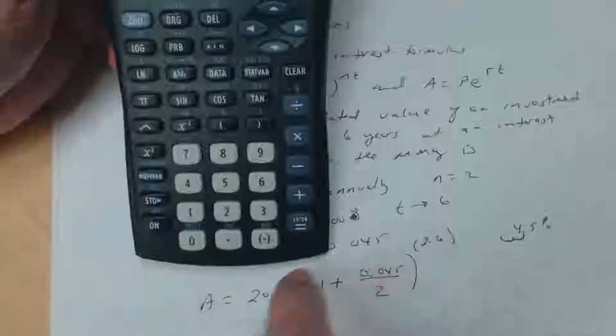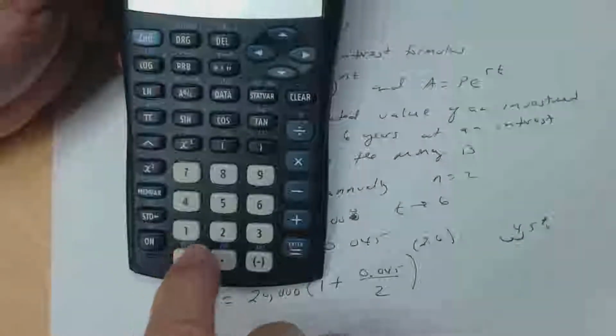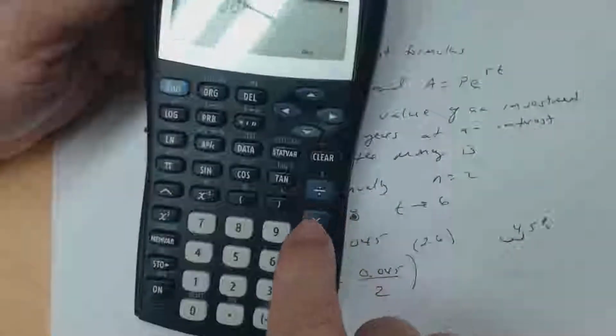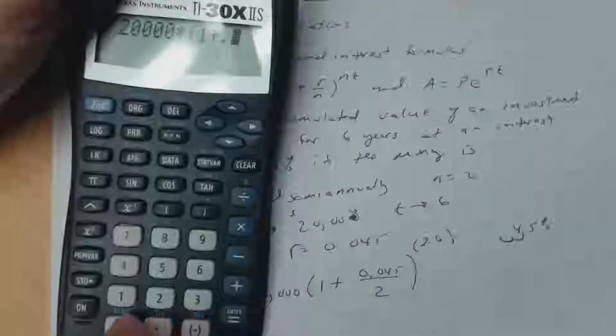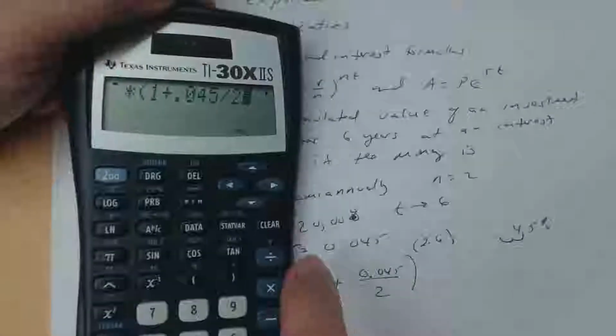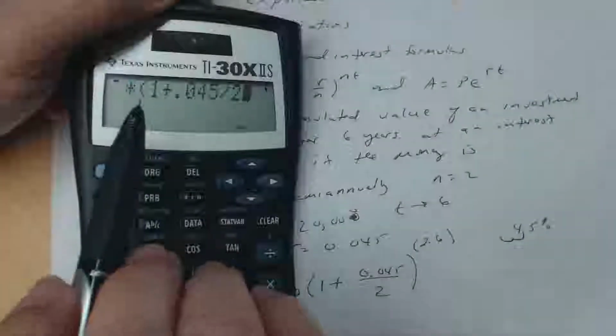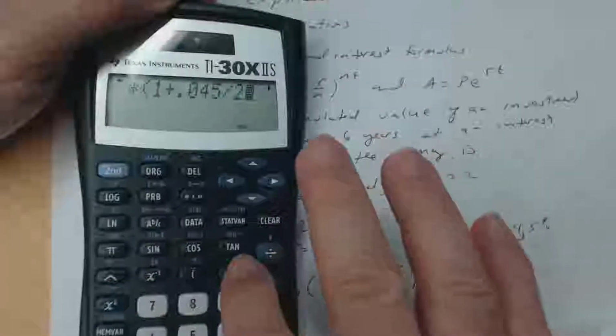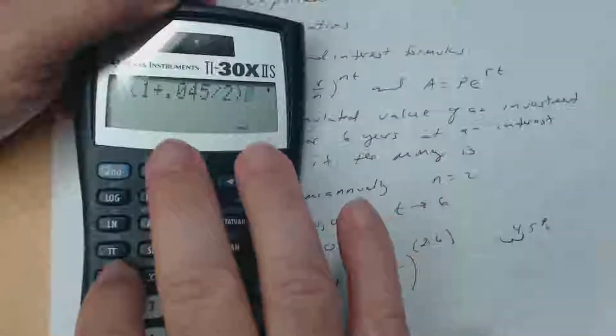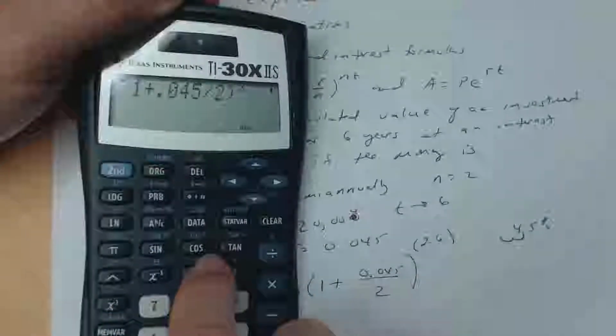So in your calculator, you're going to say 20,000 times, in parentheses, 1 plus 0.045 divided by 2, close the parentheses, raised to, in parentheses, 2 times 6.